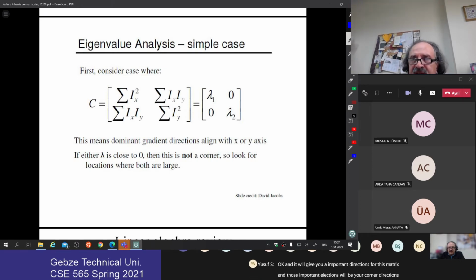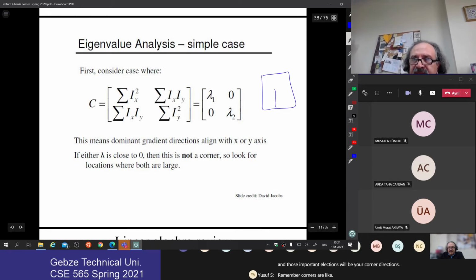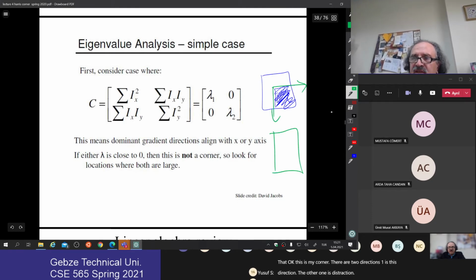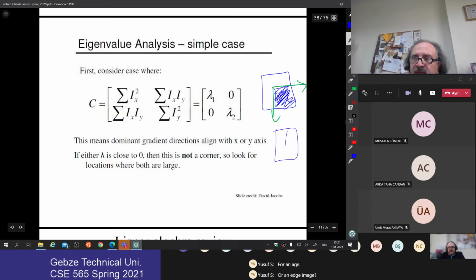Remember, corners are like that. This is my corner. There are two directions. One is this direction, the other one is this direction. For an edge image, there is only one important direction, that is this direction.